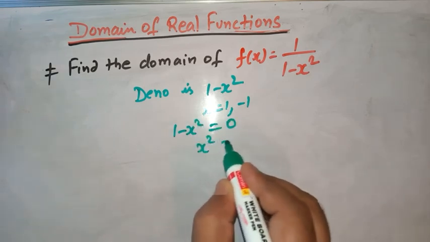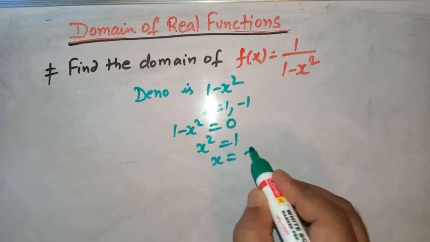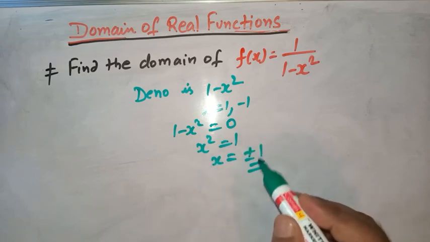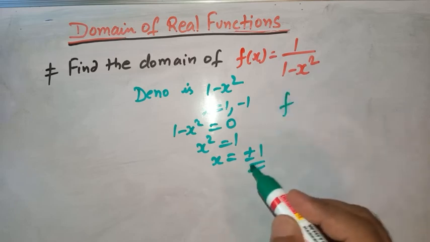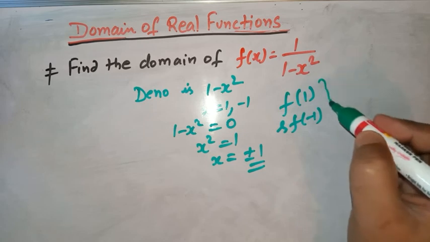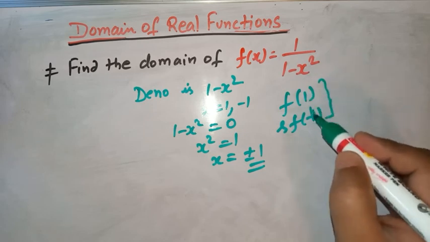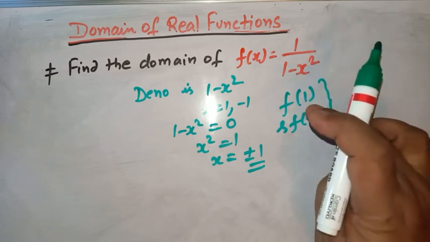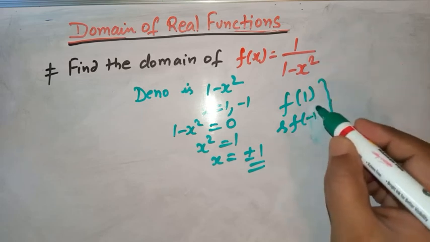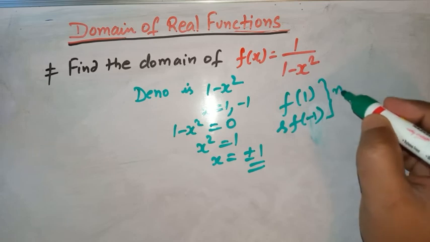So x² = 1, so x = ±1. So for x = 1 and x = −1, that is f(1) and f(−1), both these expressions are not defined. Clear? f(1) and f(−1) are not defined.